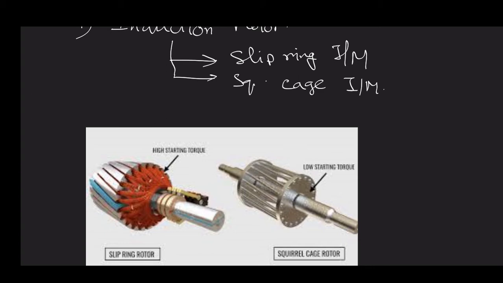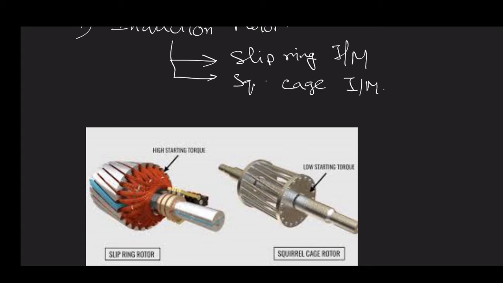Without discussing much on the structure of the machine, because for the structure you will get several videos, and I will send one or two videos to your CR also. I think I have already sent a few videos when I discussed fundamentals of rotating machines. If you want to understand the structure of a machine, you must watch a video.